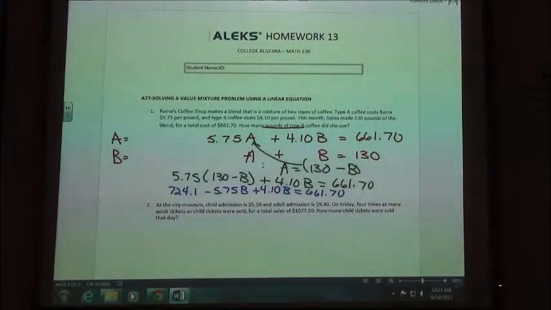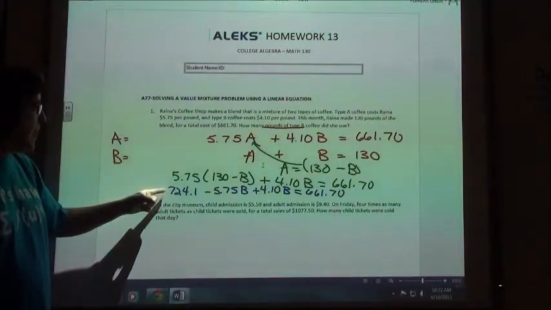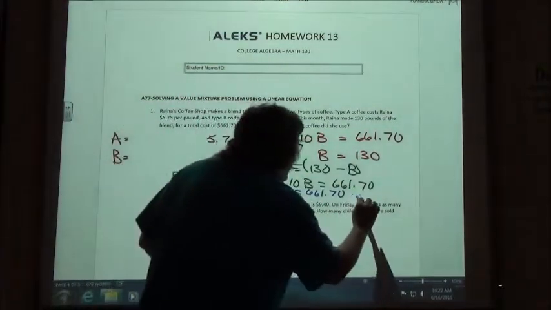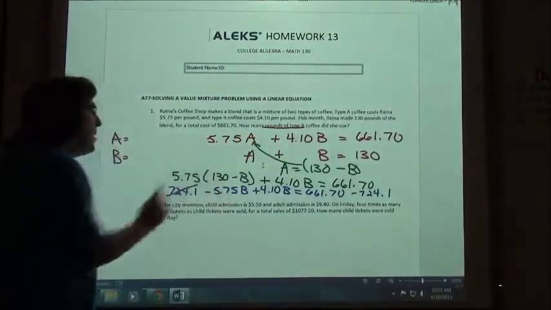So just for sake of room, since I wrote really big up here, I'm going to subtract my 747.5 and combine my like terms.